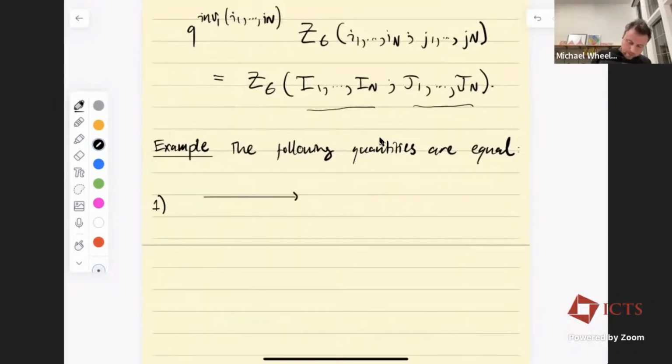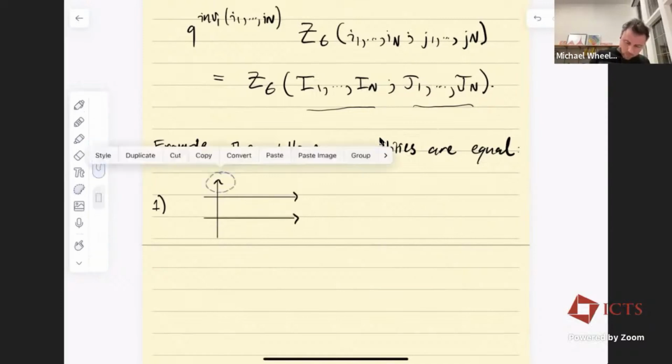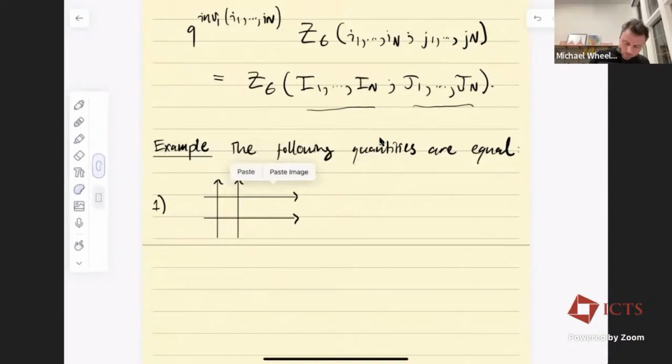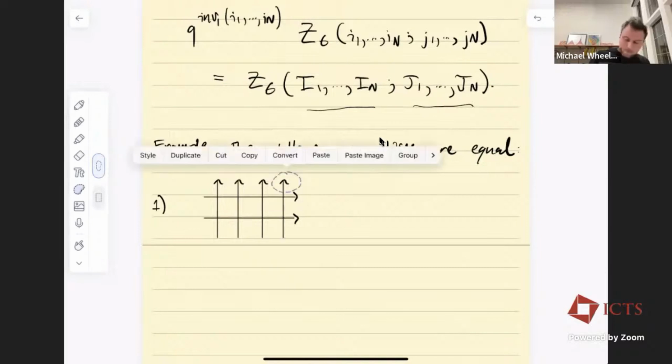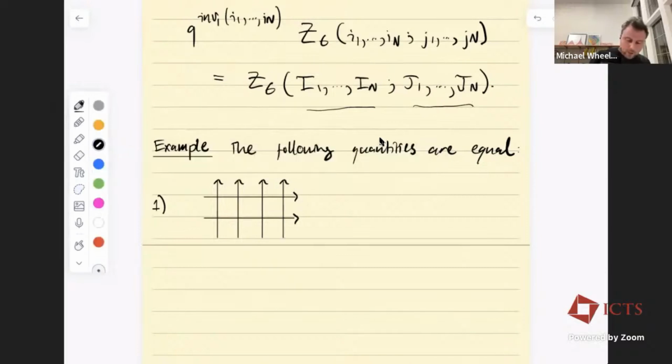So I'm going to draw my partition functions in a slightly more conventional way now. This will be my quantity, and I will again change conventions slightly.